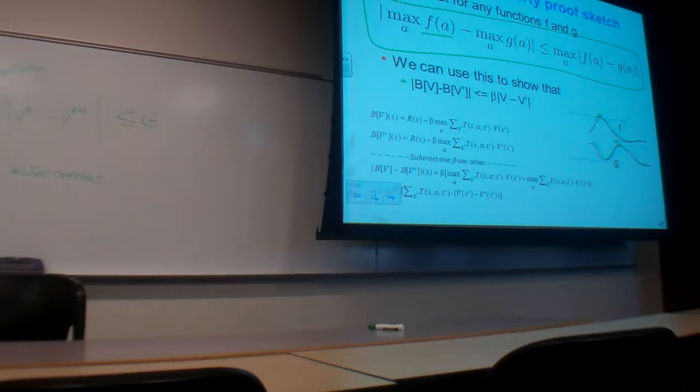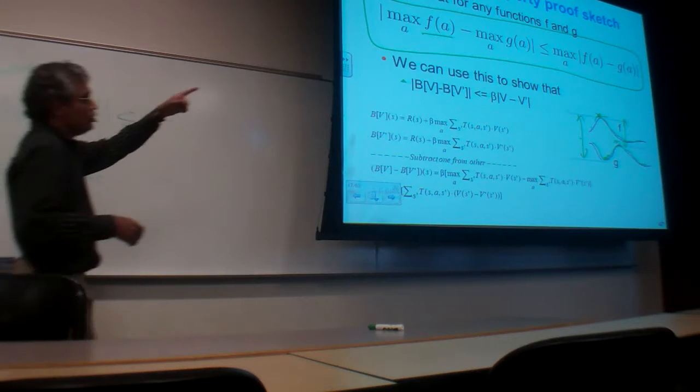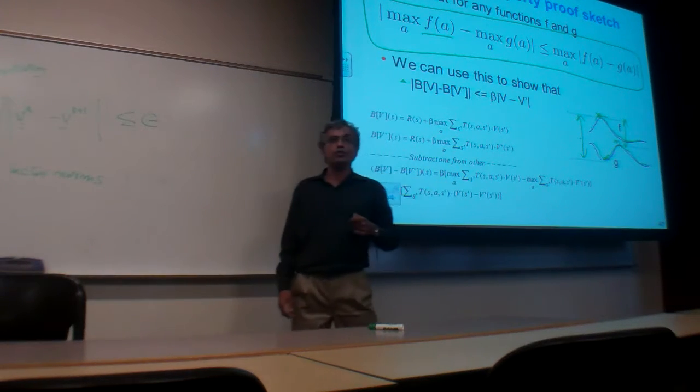So this difference is going to be less than or equal to the difference between f and g at the same point. This is the point where f and g differ maximally, and that difference is indeed higher than that difference. You can use that property to prove the contraction property.